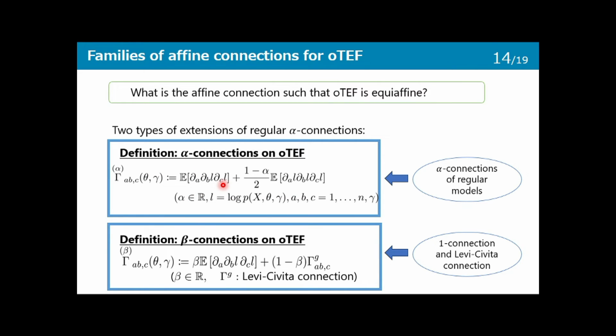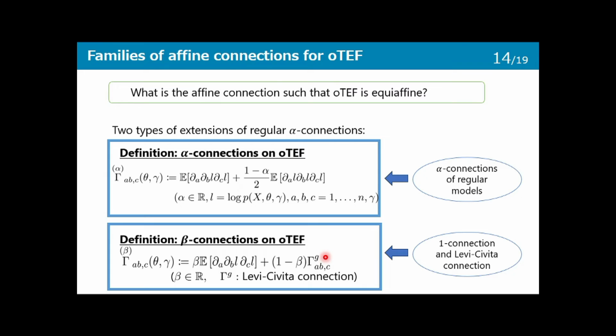This formula is used in alpha connections of regular models. Second, beta connections is a family of affine connections with parameter beta, defined by one connection above and Levi-Civita connection. These two families are the same on regular models. Then, both of them are extensions of regular alpha connections.